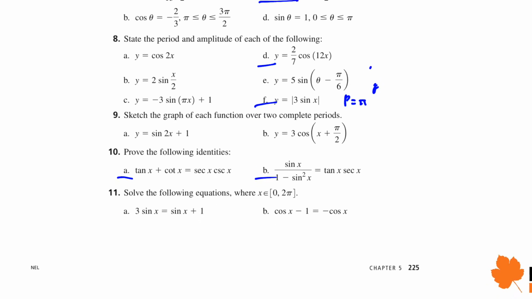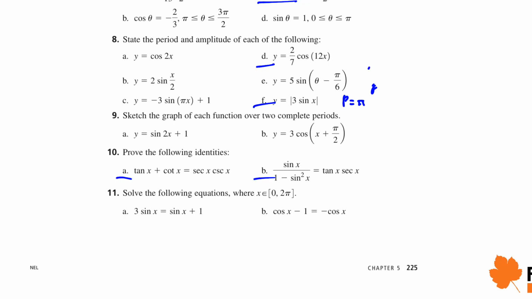Last question, question number 10. Prove the following identities. Tan of x plus cotangent of x equals secant of x times cosecant of x. Tan of x is sine of x over cosine of x. Cotangent of x is cosine of x over sine of x.